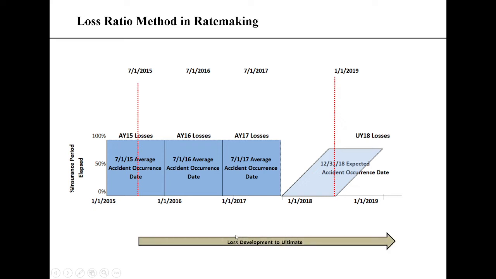So I trend, sorry. This one is for the future trend. And first, based on the basic technique, I want to develop any losses that occur here and get to the ultimate. But it has nothing to do with the future average accident date.